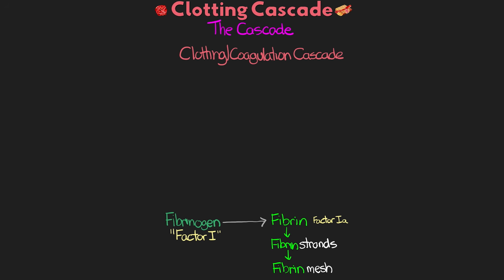Alright, so knowing that this fibrin strand and fibrin mesh is our end goal, you'd think the easiest way to get this coagulation happening would be to have some biomarker that would be expressed whenever tissue is damaged, and then those biomarkers could be responsible for converting fibrinogen to fibrin. And this would be simple and quick, and in a way this does happen, kind of. So damaged tissue does actually produce something called tissue factor on its membrane.